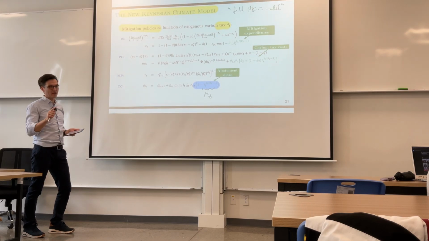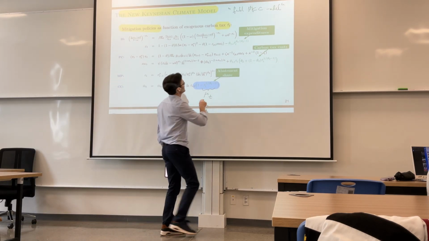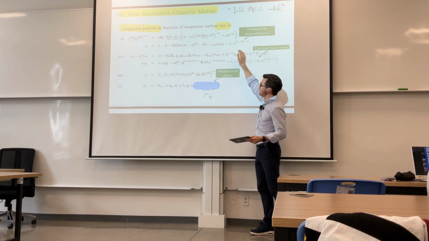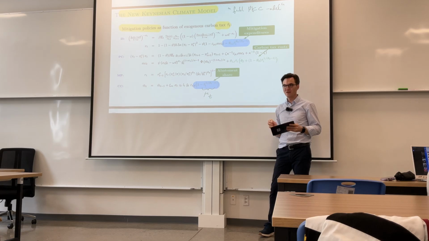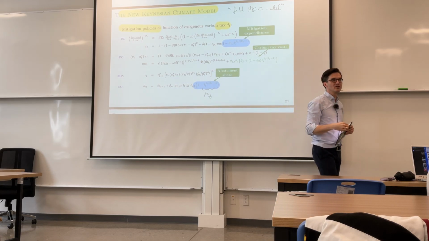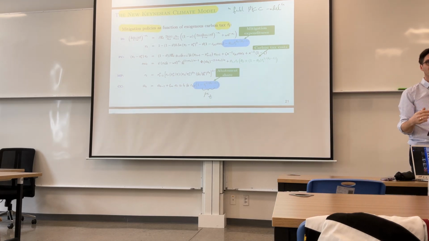Now you have to be careful, because where else is this showing up? It's going to show up here, in the resource constraint. And those are now the mitigation expenditures. It's an expenditure.